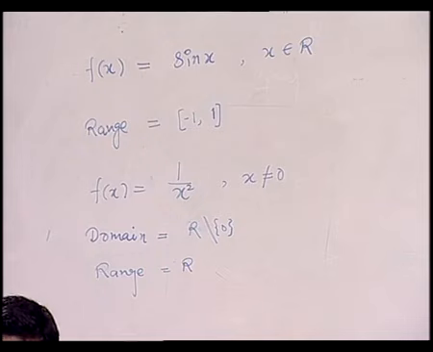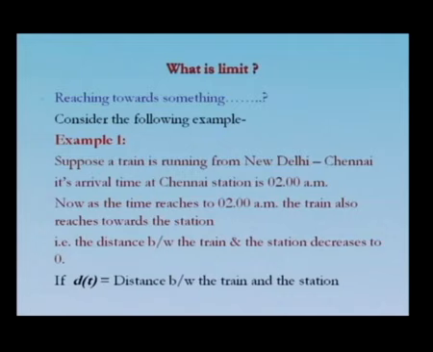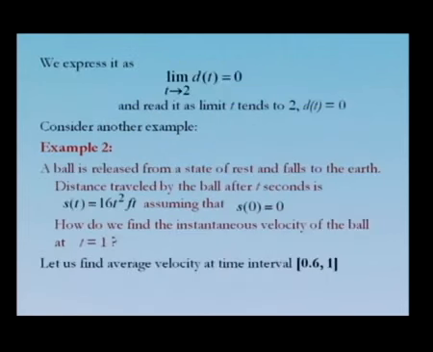That is, the distance between the train and the station decreases to 0. So if we take d(t) as the distance between the train and the station, we express it as limit t tends to 2 of d(t) equals 0.